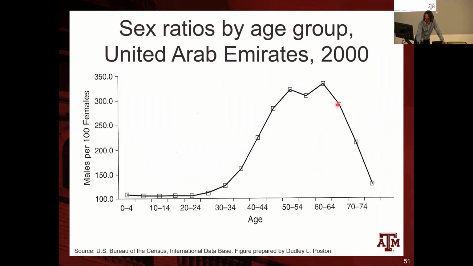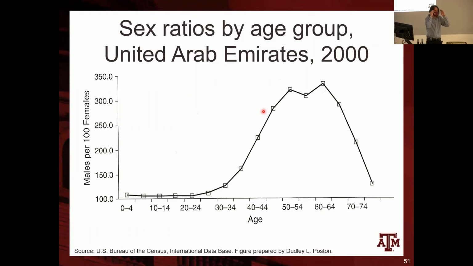Then people start to retire and maybe go back to their country or die, and you see a decline in the sex ratios, right? But this is exactly because of the country relying on the labor force of immigrants, people from other countries to go there and work in their economy, okay?